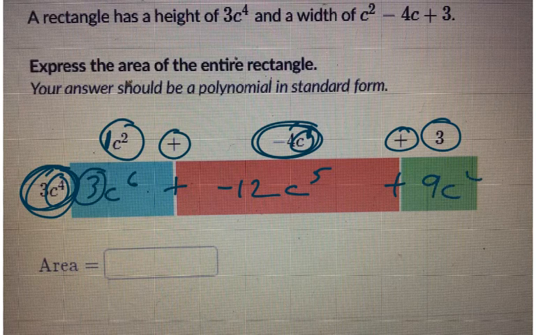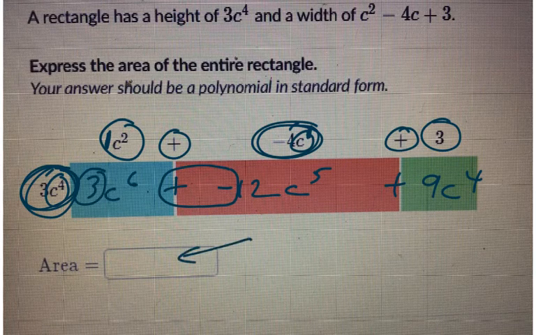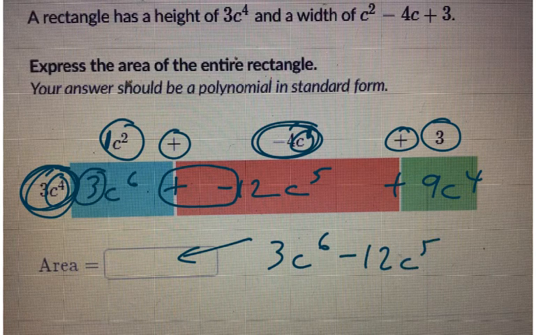That's 9c^4. Now, right here, of course, you could also type that in as a minus. But the answer you're going to type in, guys, is a positive 3c^6, a minus 12c^5, a plus 9c^4. If you would have done plus negative, by the way, Mr. Khan would still give you full credit.